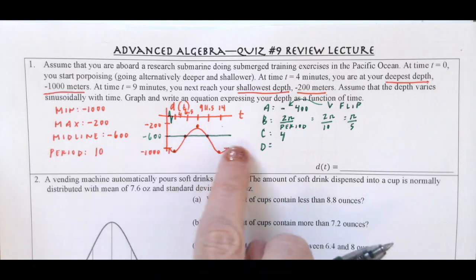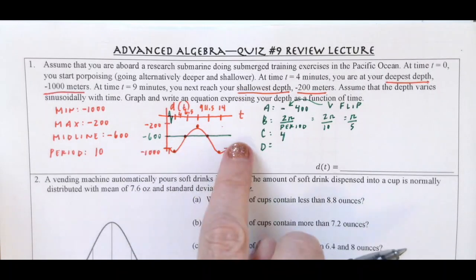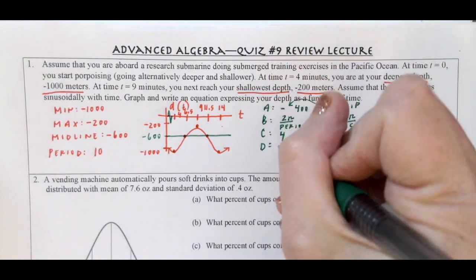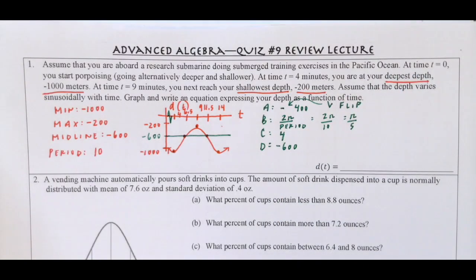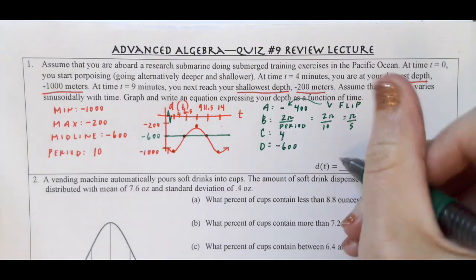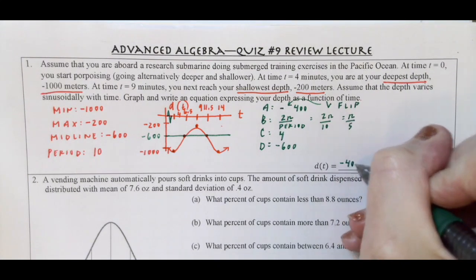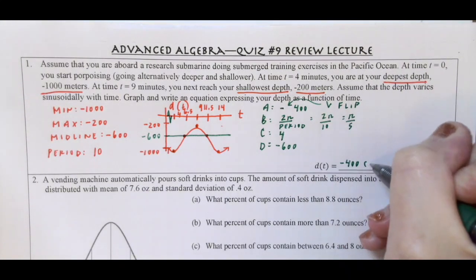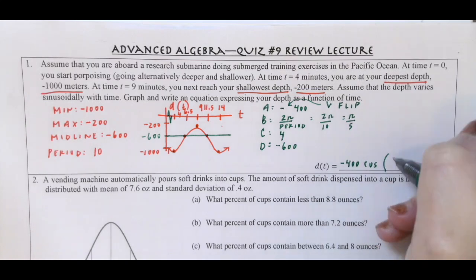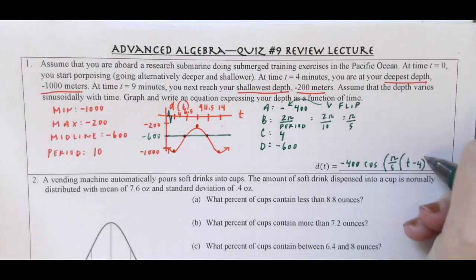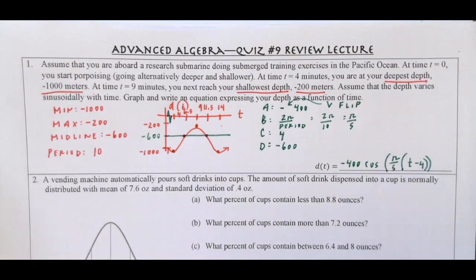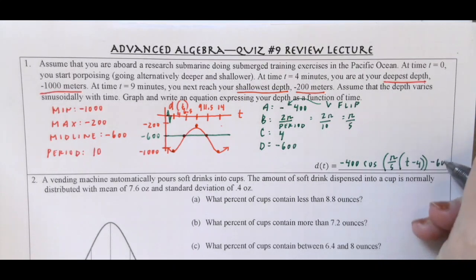And here D, the midline, is down 600. So ready to build it. I would build mine as negative 400 cosine pi over 5, parentheses, t minus 4, there's my 4 to the right, and then take away 600.